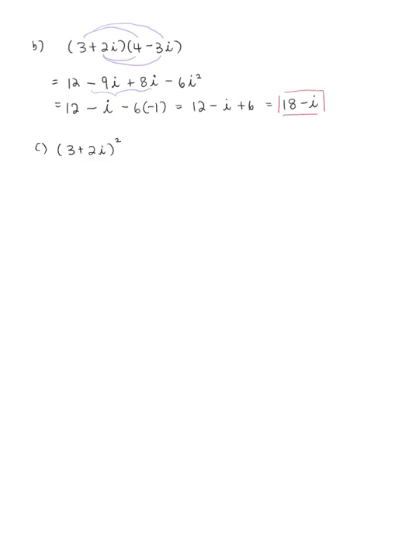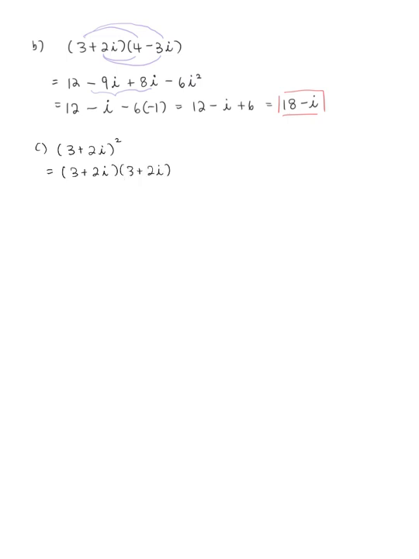Now let's look at something like 3 plus 2i whole quantity squared. Be careful, you cannot just distribute that exponent of 2 to the 3 and then the 2i off the bat. 3 plus 2i whole quantity squared means you have to multiply 3 plus 2i twice. So here, write this out: 3 plus 2i times 3 plus 2i.